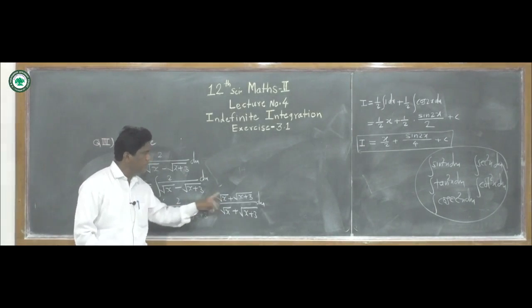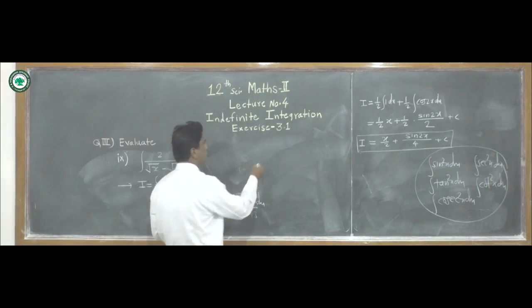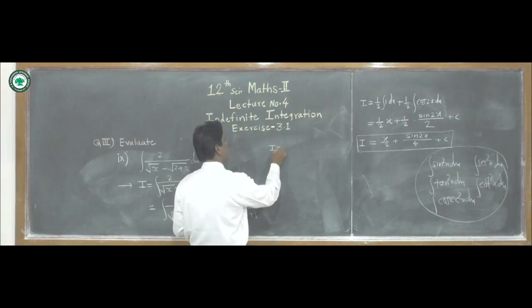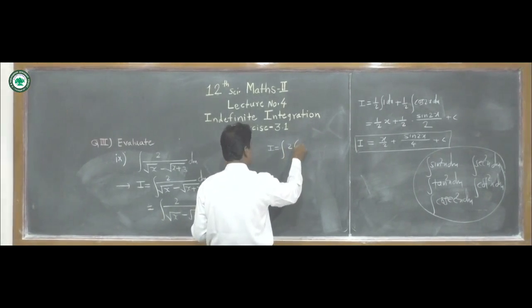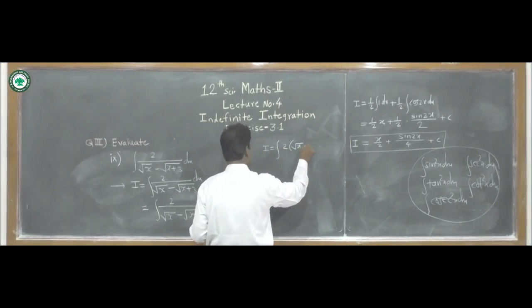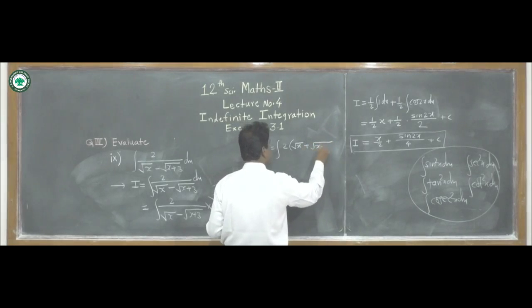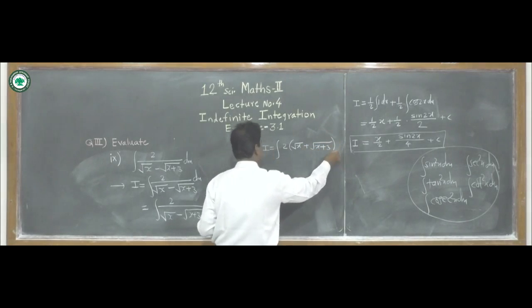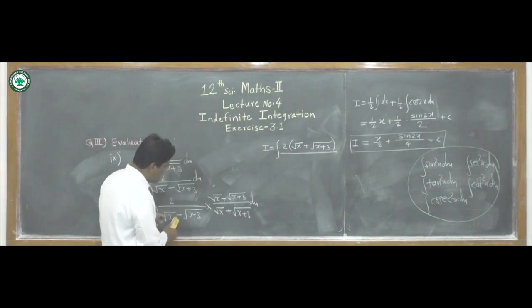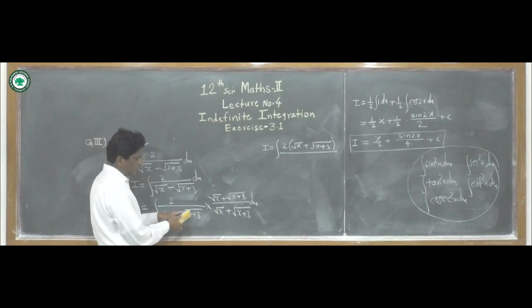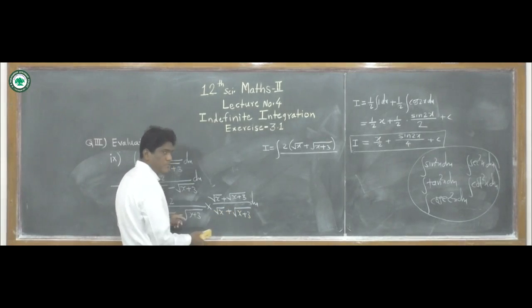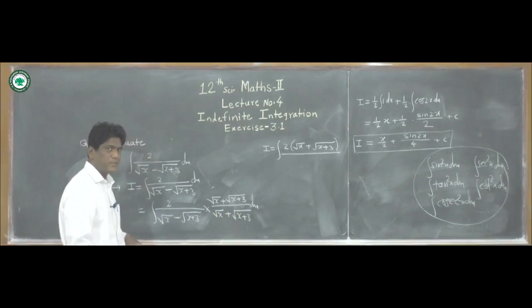And now take the multiplication of numerator divided by the multiplication of denominator. So the required integral I is equal to 2 into root of x plus root of x plus 3 divided by, now the product of these two terms. Observe here root x, root of x plus 3, because those are conjugates of each other.